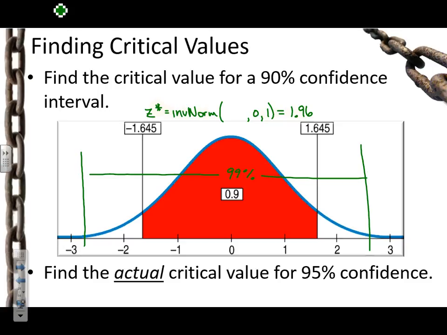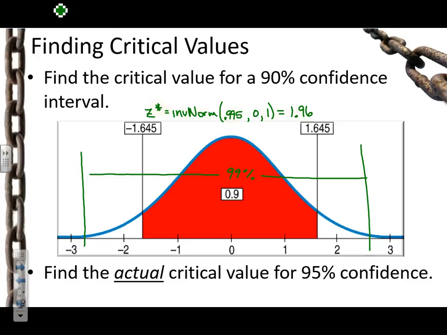So if I have 99% in the middle, how much is on the outside? One total percent, so 0.5% on the bottom, 0.5% on the top, right? So in my inverse norm, I'm going to put in 99.5%. So for the 99% confidence level, we put in 99.5 for our area.